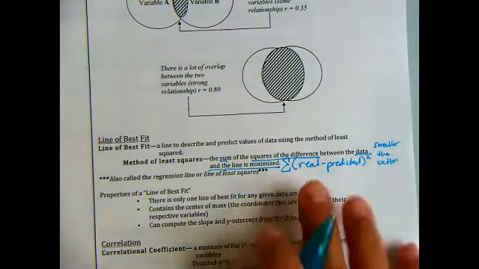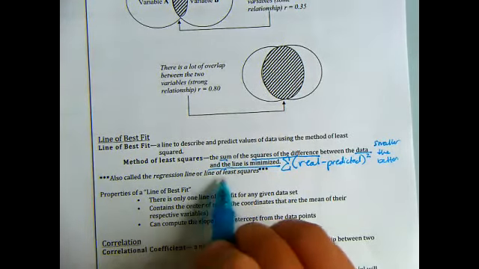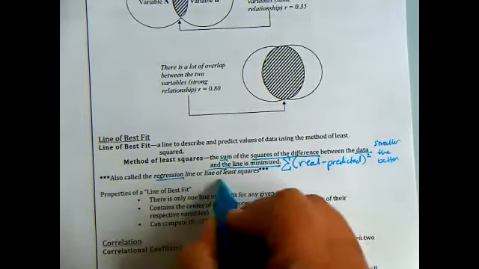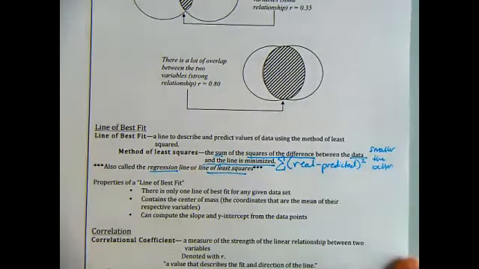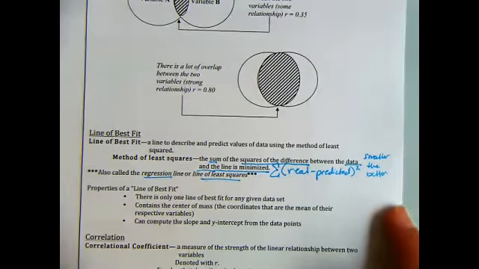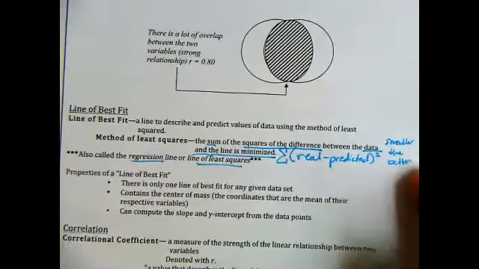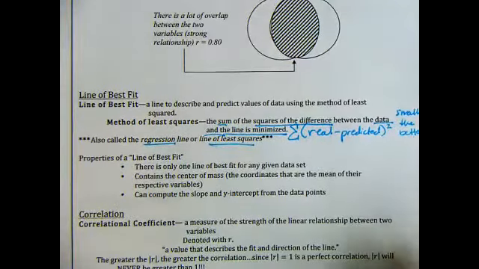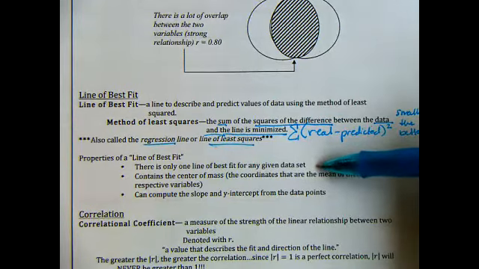Okay. This is also called the regression line or the line of least squares. Some properties of a line of best fit here is that there's only one line of best fit for any given data set.